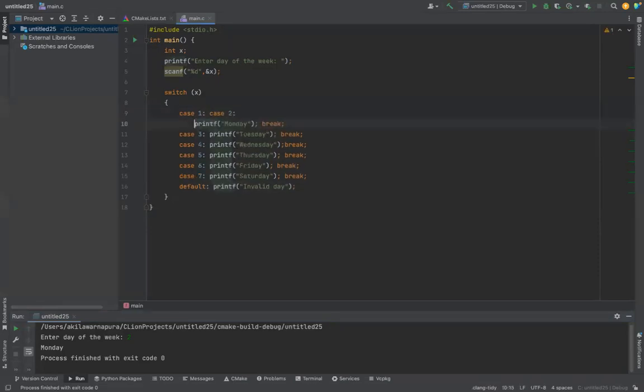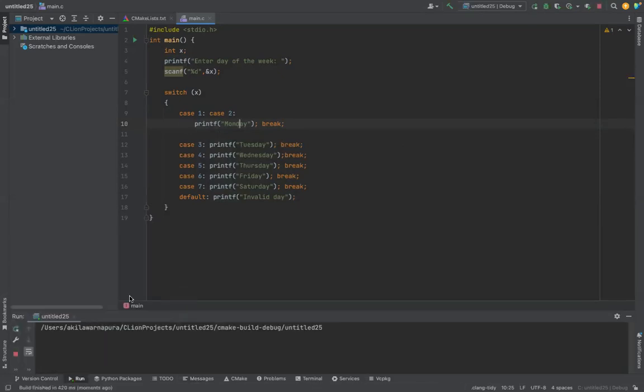Case 1 with Monday, case 2 with Monday. We can provide it that way because there is no break keyword. So case 1, now it is Monday. Case 2, that is also Monday.